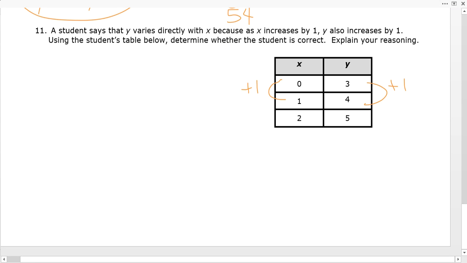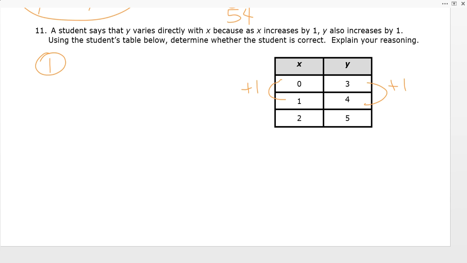That would make it a direct variation. So we're going to decide if that's correct or not. Here's my first idea, let's find the direct variation. So if x is going up by 1, y is going up by 1.